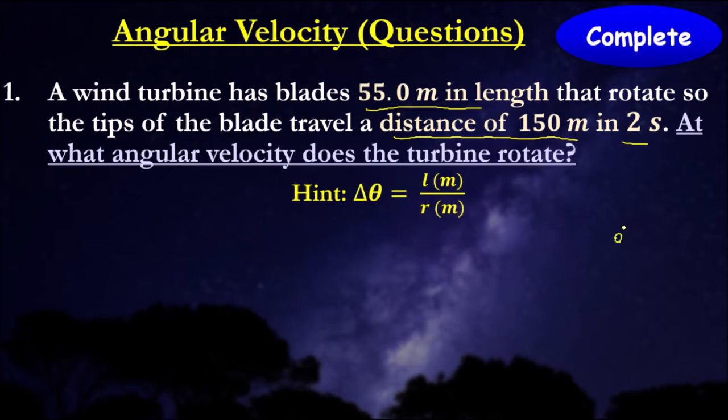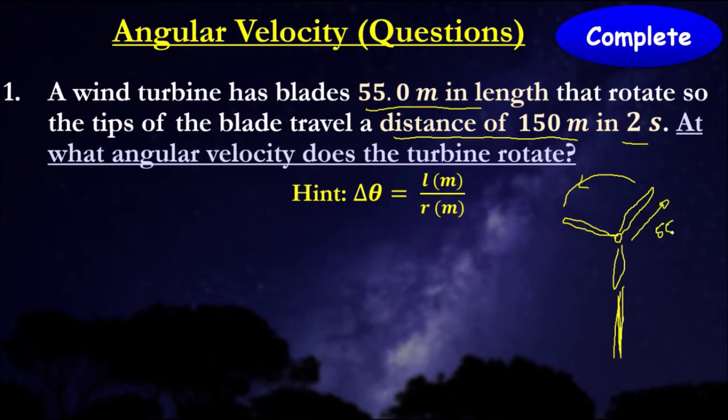Now think of what a wind turbine kind of looks like. Here's my little dodgy wind turbine, and then we have the turbine down here. So it's going to rotate along the line of this. It says the blade is about 55 meters.